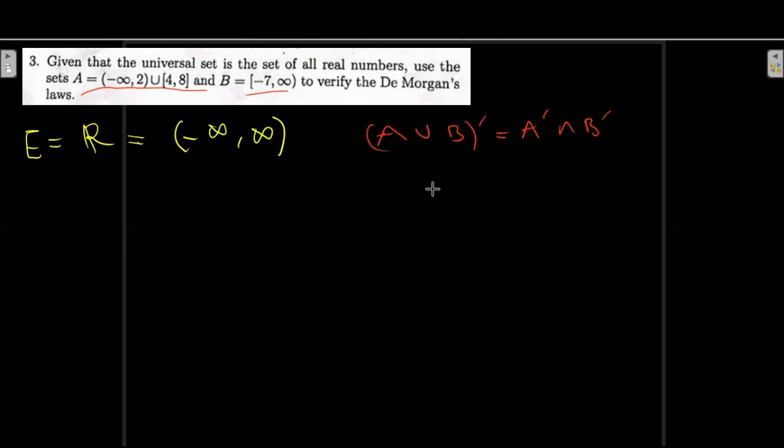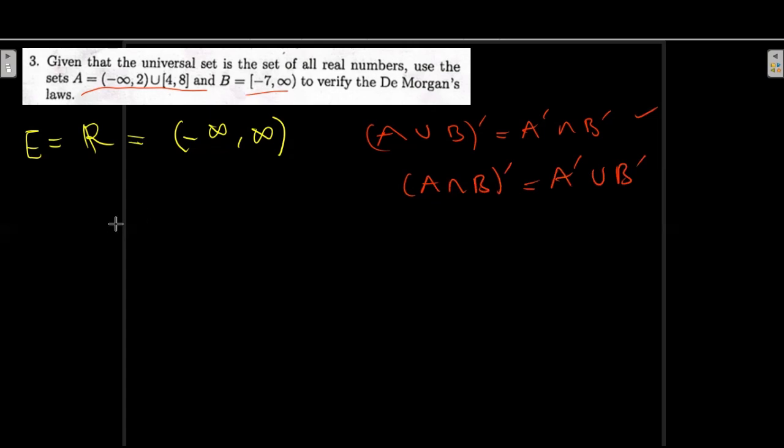And the other one for the De Morgan's law, that is A intersect B complement equal to A complement union B complement. You must verify this. So we just do one of these. We do the first one, then you can do the other one. Or if time allows, we do both.